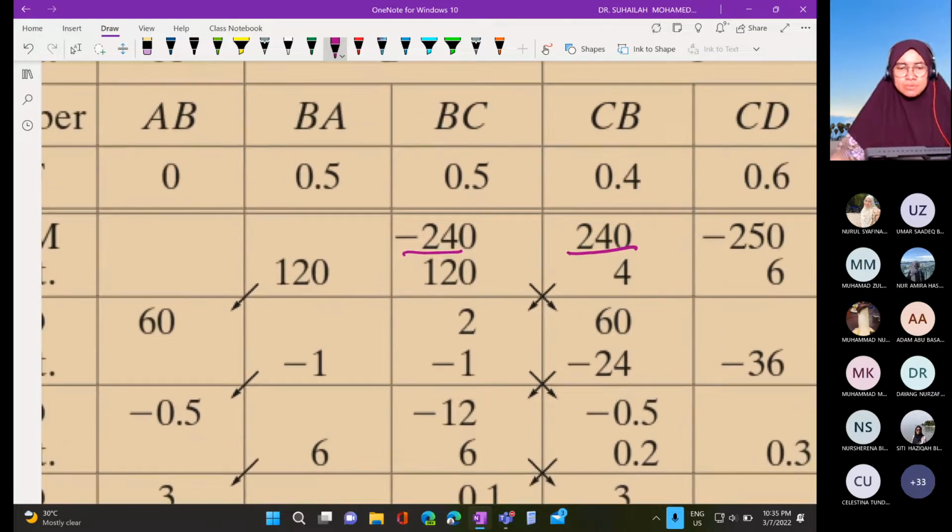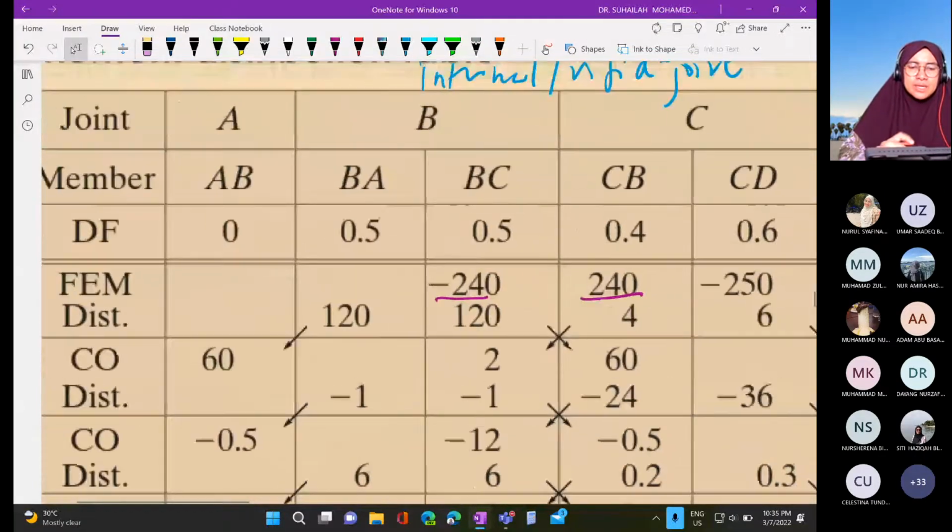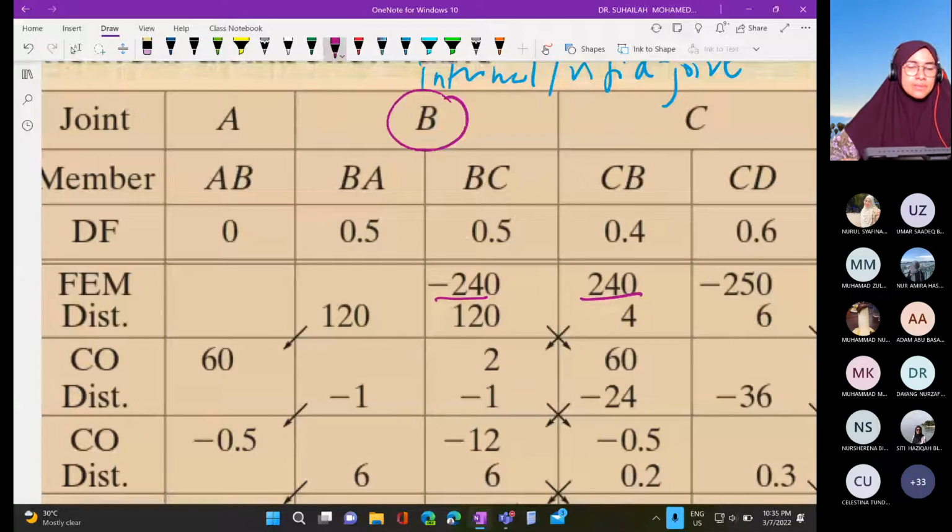When we distribute moment, okay, this is joint. Okay, joint moment that we distribute is joint moment, not member end moment. So, kalau you dah pernah belajar before this, you mesti ingat dia punya step apa.